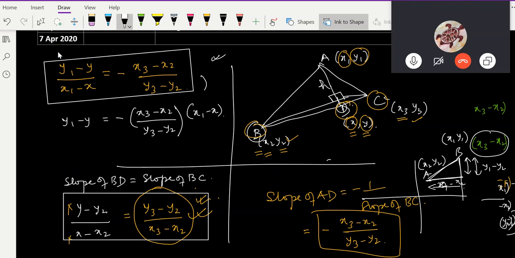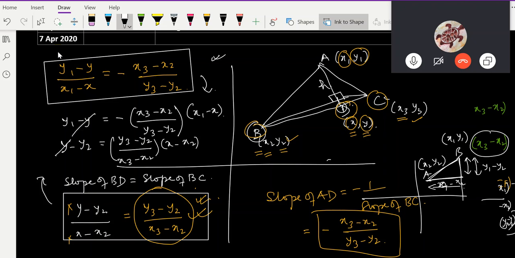From this equation, and from this equation, y minus y2 is equal to y3 minus y2 by x3 minus x2 into x minus x2. And if we just add these two equations, these two will get cancelled out.